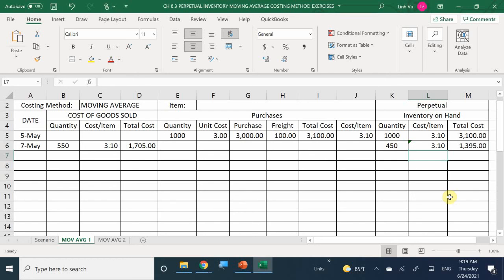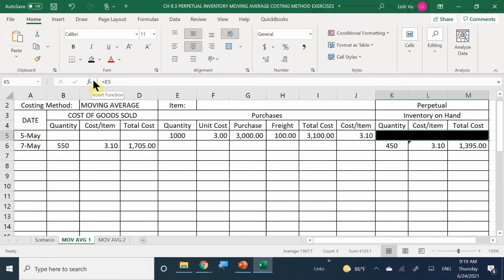But now that I made my change here, what I like to do is, because I don't want to get confused that I have this many items on inventory, I'm going to take this and block it off. Black is usually the best way, because then here I show that I no longer have 1,000 items.